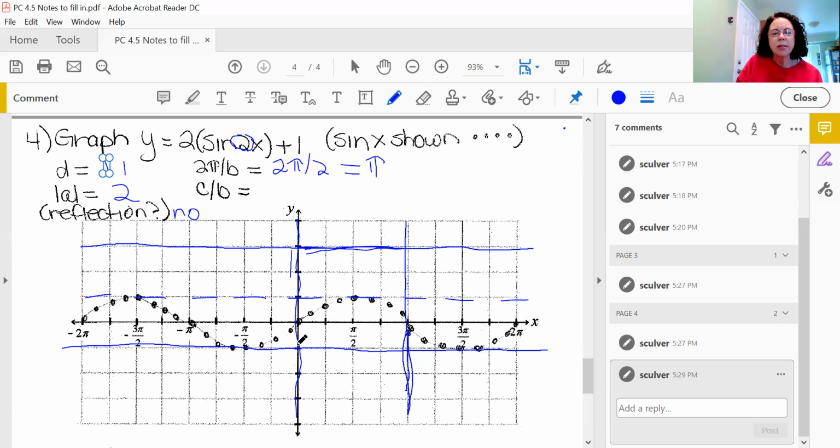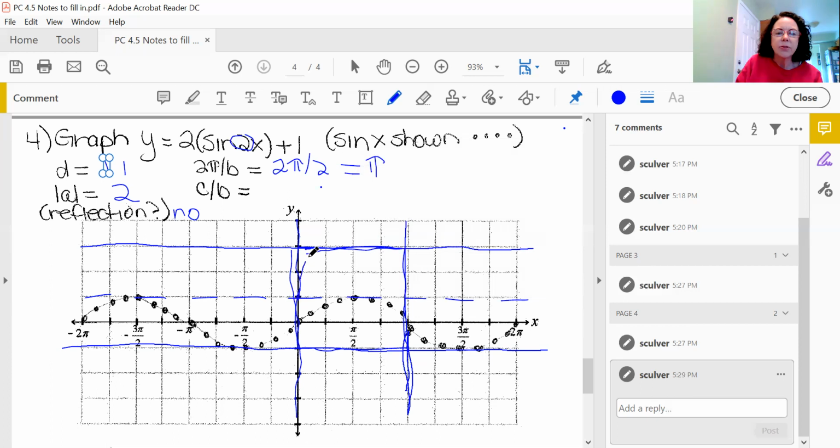I am going to draw 1 cycle of sine right here in this box. I know sine starts at its 0 at its midline, and the first loop goes up halfway, to pi over 2.